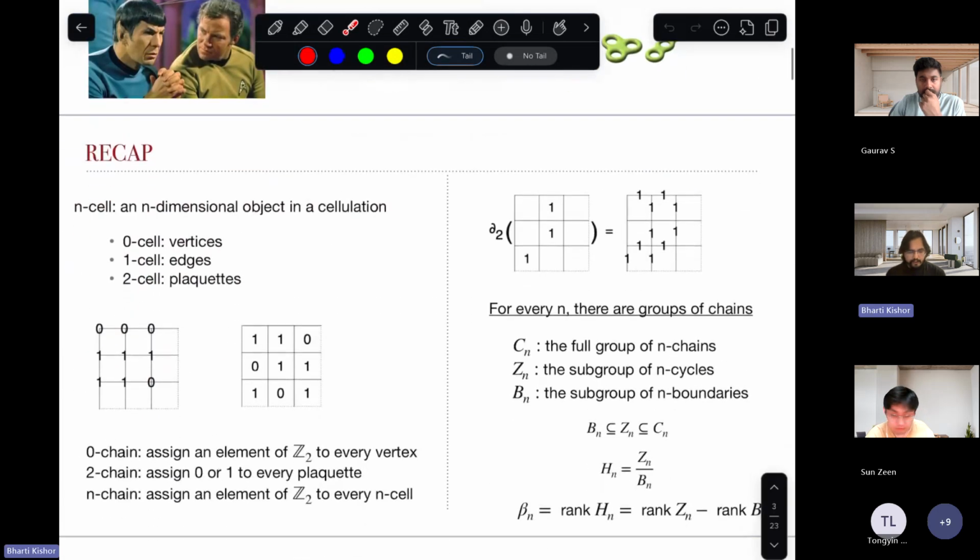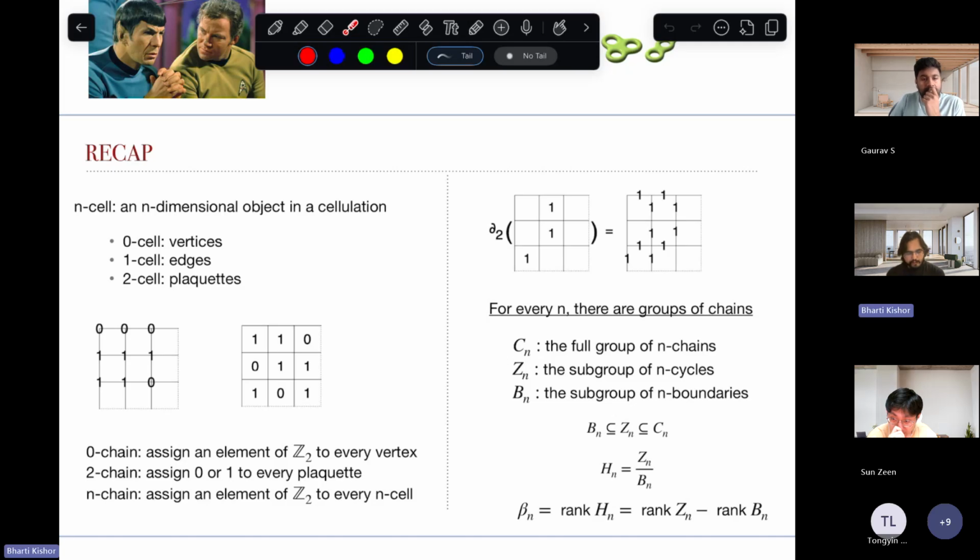And then we also talked about this notion of cellulation. An n-cell is an n-dimensional object in a cellulation. We had the 0-cell, which was vertices, the 1-cell, edges, and the 2-cell, which was plaquettes.